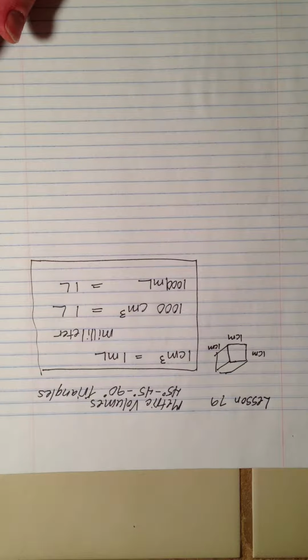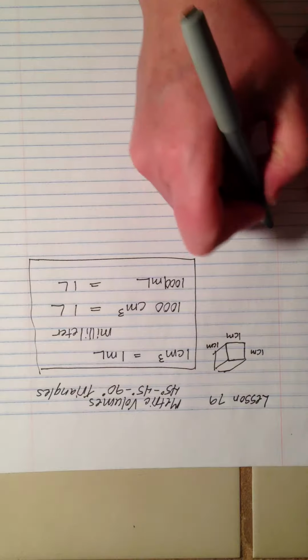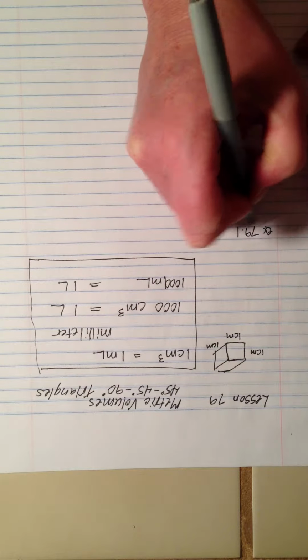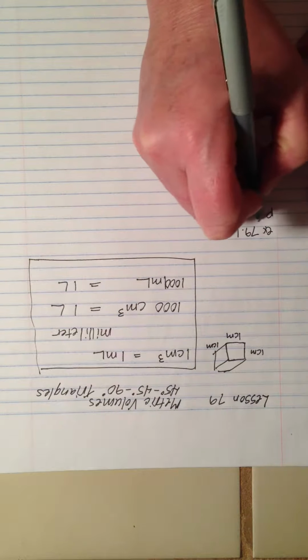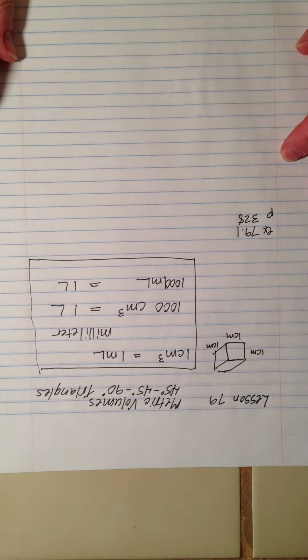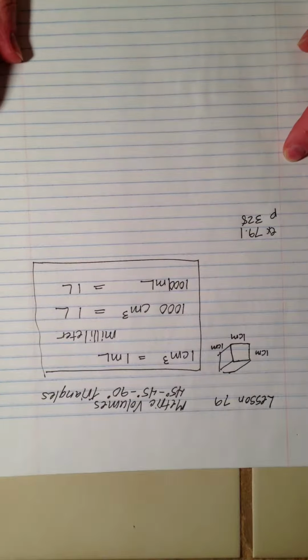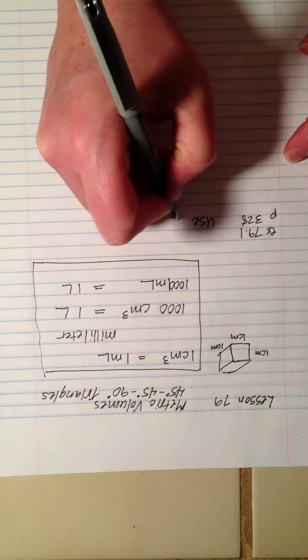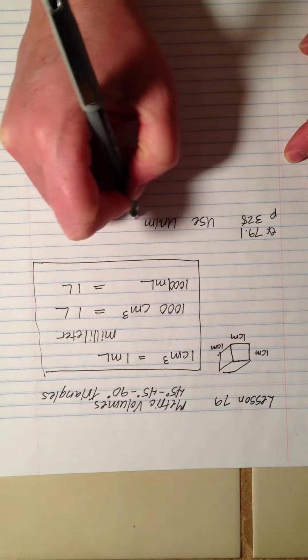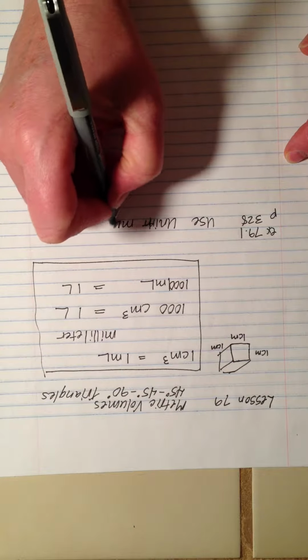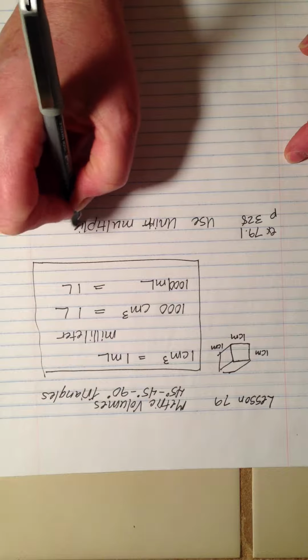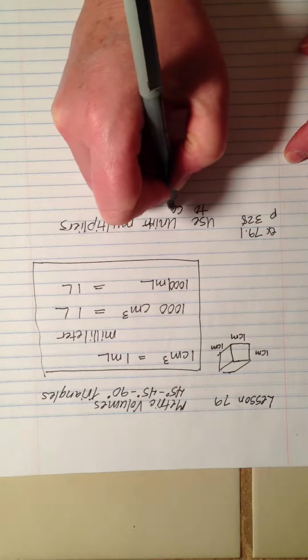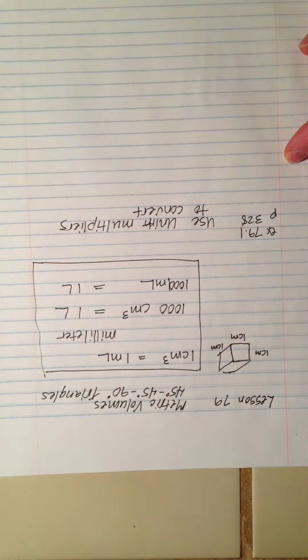All right, so let's look at example 79.1, on page 328. In this example, we're being asked to use unit multipliers to convert 14,000 milliliters, lowercase m, uppercase L, to liters.